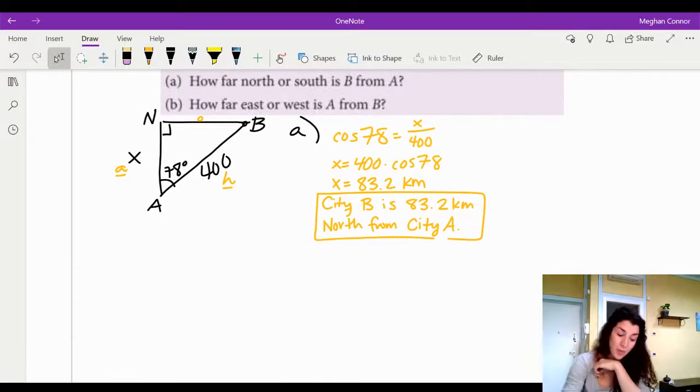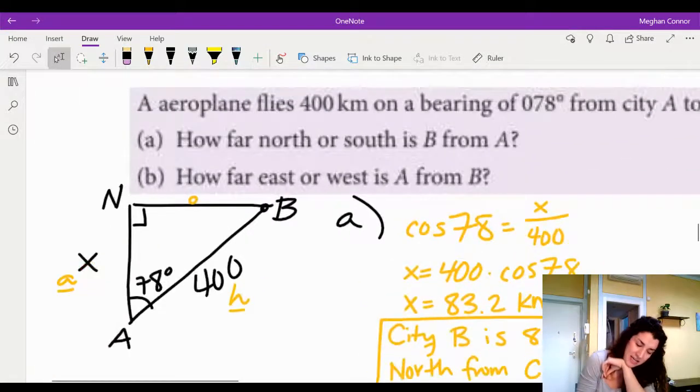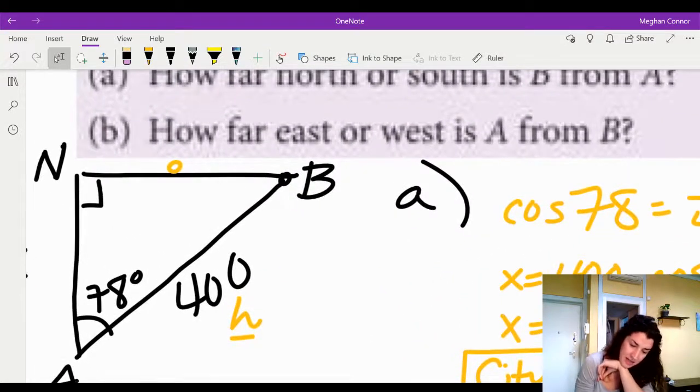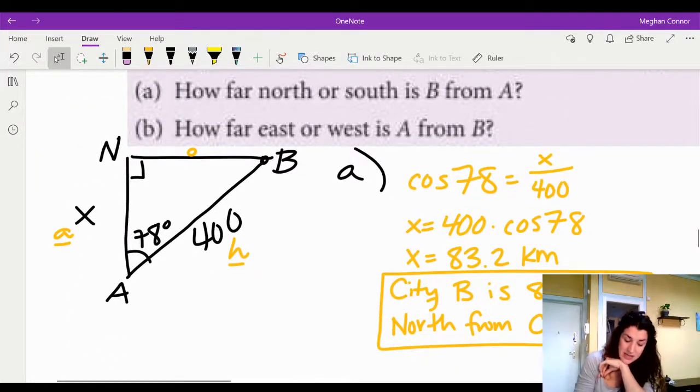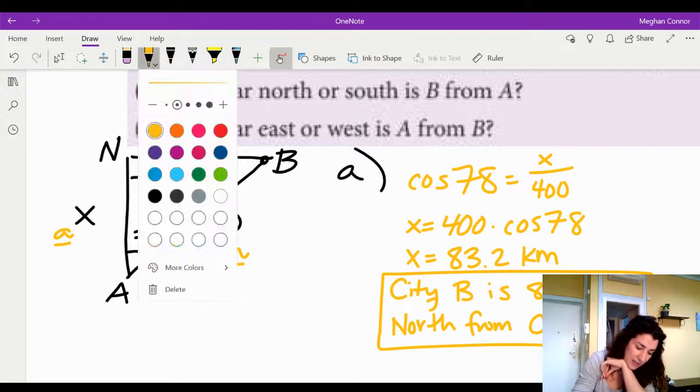How far east or west is A from B? A from B is going to be to the west of it. And so we are now going to be solving for y up here.